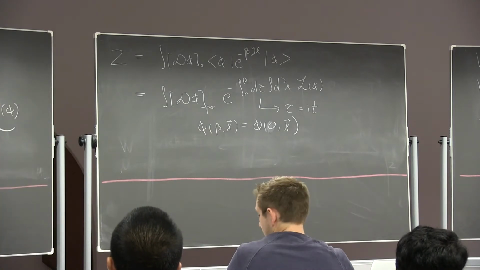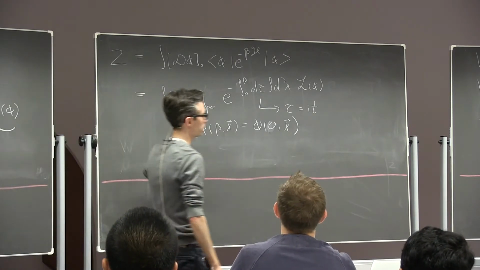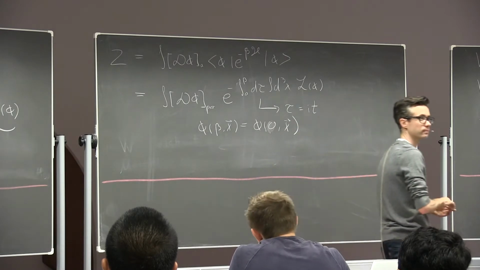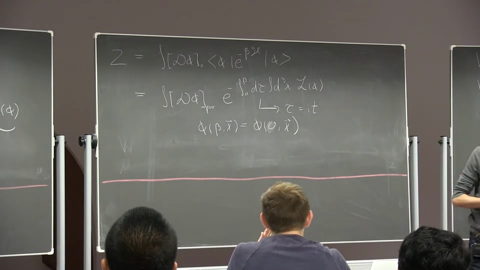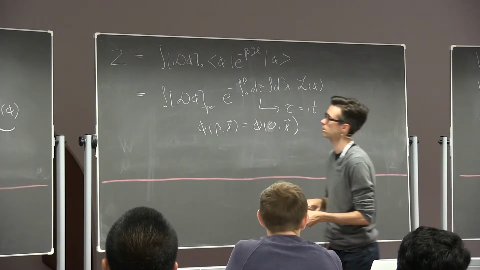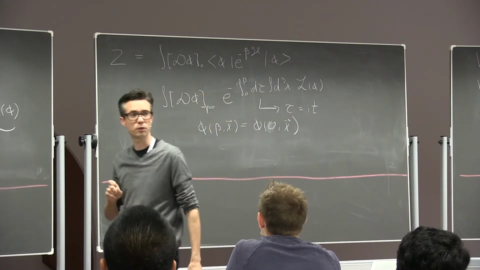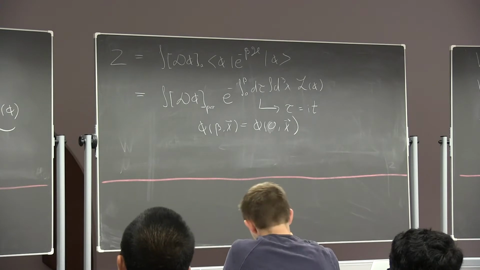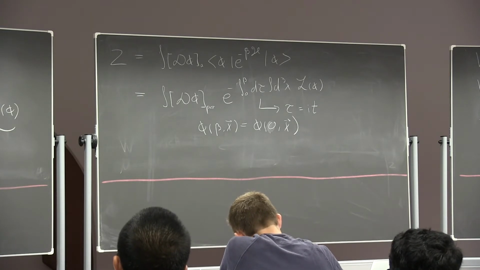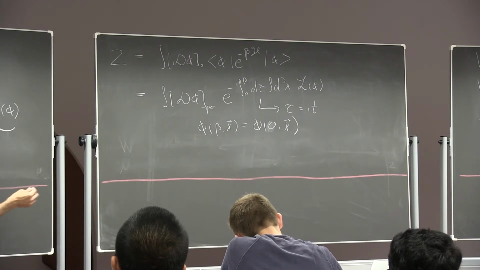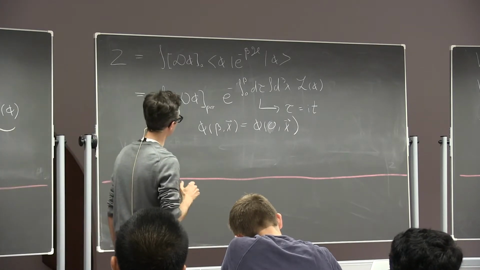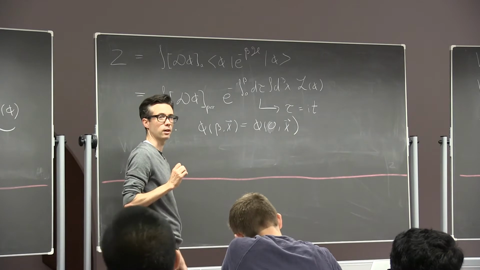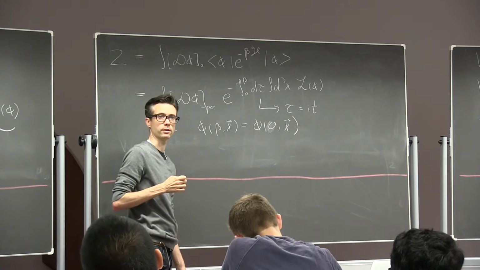And I sum in my path integral over all periodic configurations of the scalar field. So this is how I compute the contribution to the partition function for scalars. I can also compute the contribution to the partition function from fermions. And it turns out that that fermion contribution gives me essentially the same expression, except that now, because of Fermi-Dirac statistics, I actually want anti-periodic configurations instead of periodic configurations.